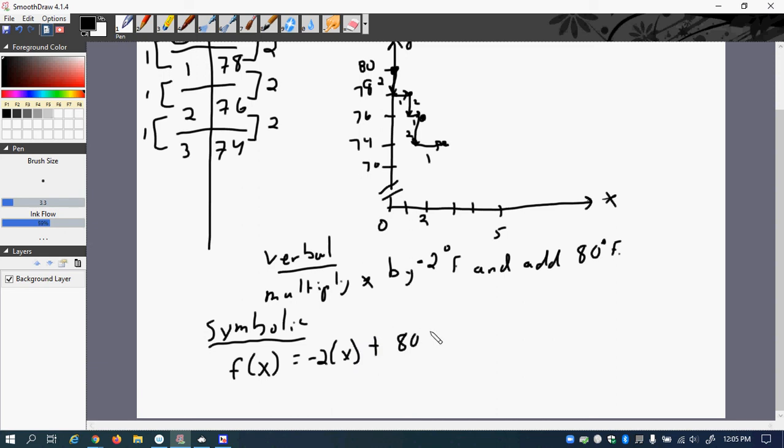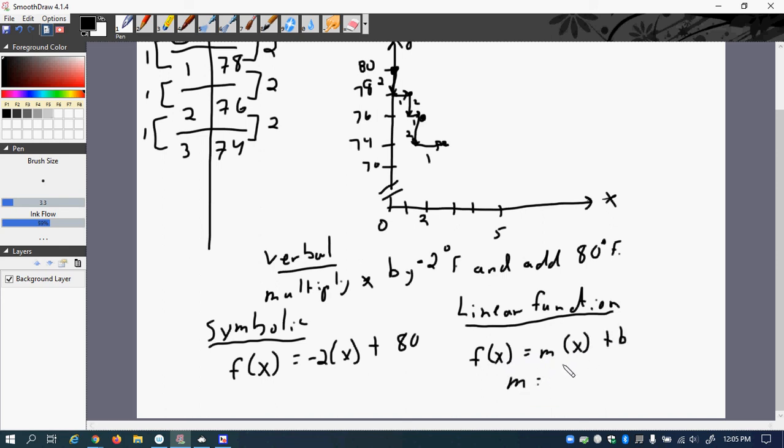This refers to the linear function. The way we write a linear function, our linear function has to be f of x equal to m times x plus b, where m is my constant rate of change, or what I said before, slope, and b is going to be my start point, or I could call it the y-intercept.